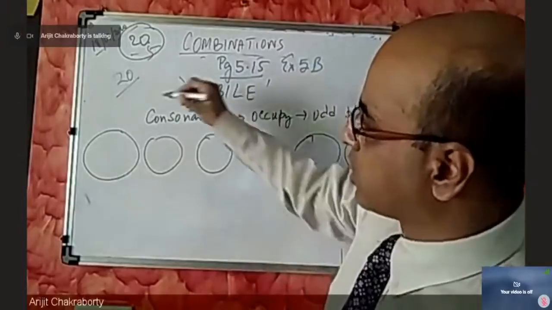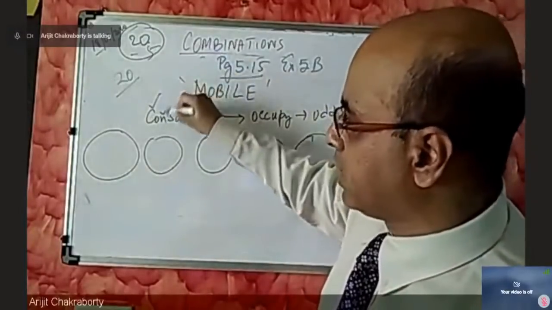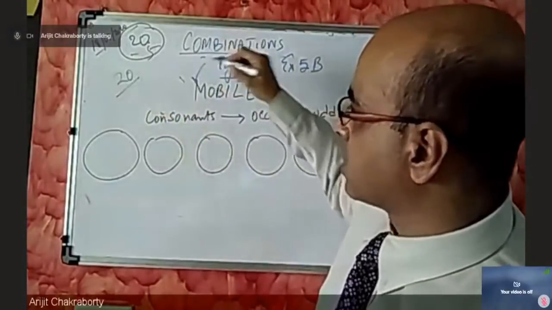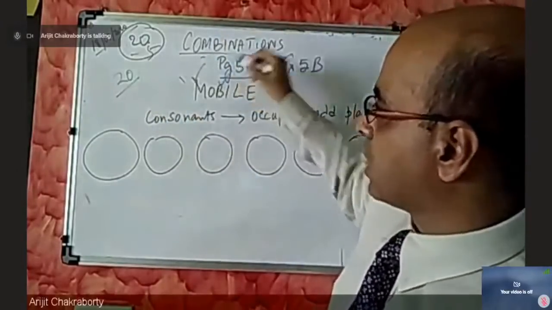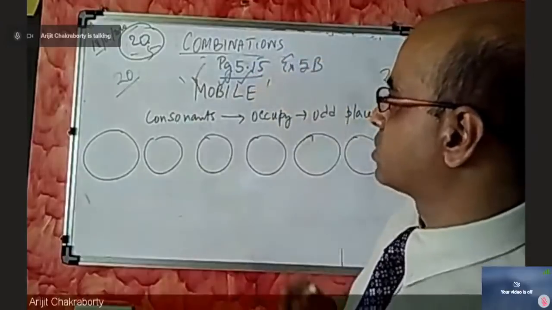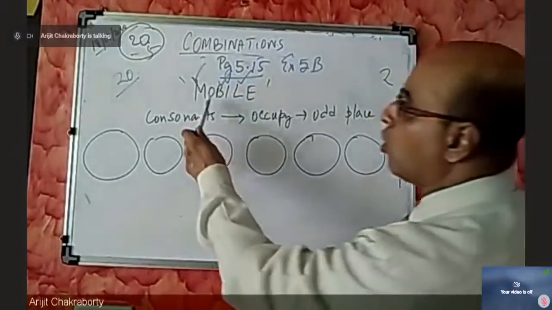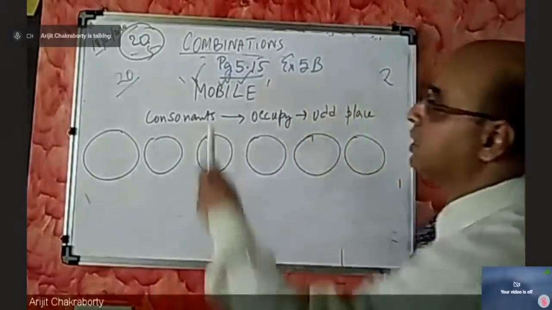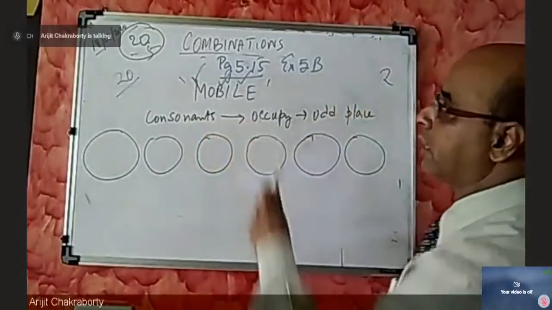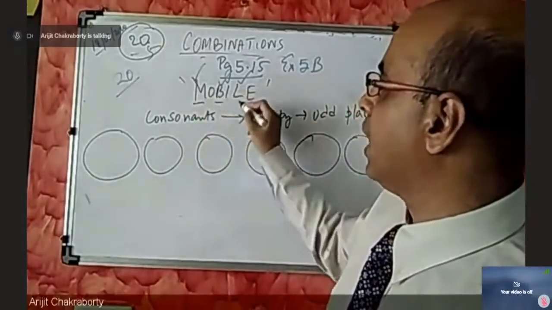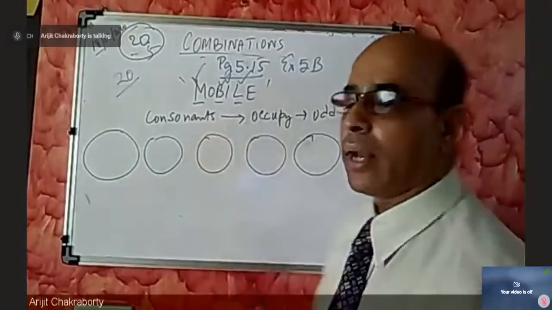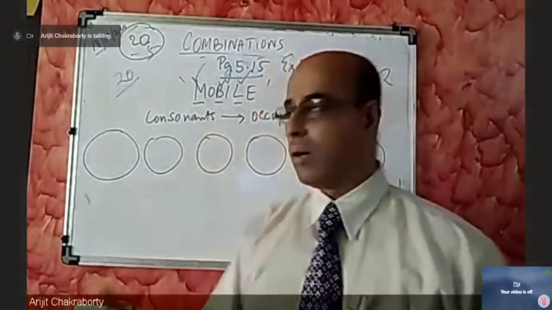In mobile, M is a consonant, B is a consonant, L is a consonant. So we have O, I and E as the vowels, and the consonants are M, B and L. The three consonants are M, B and L, and O, I and E are the 3 vowels.